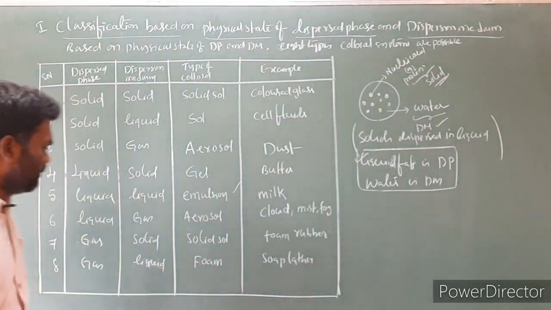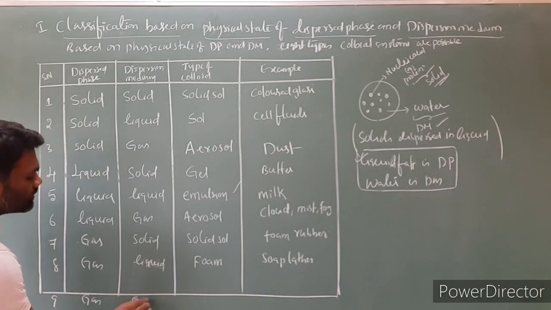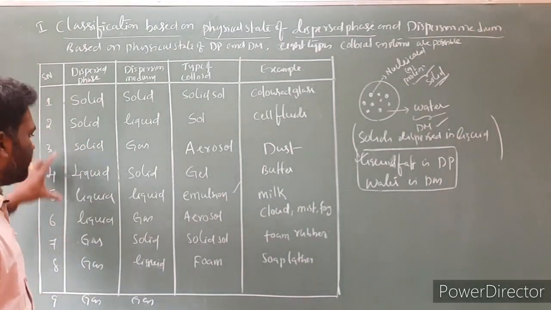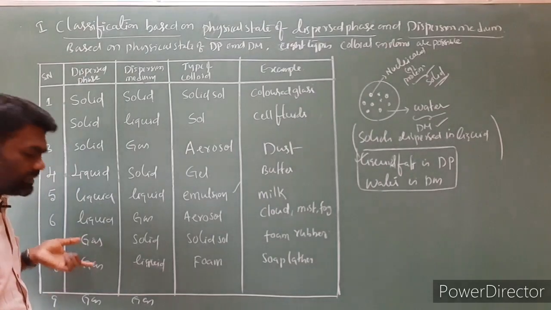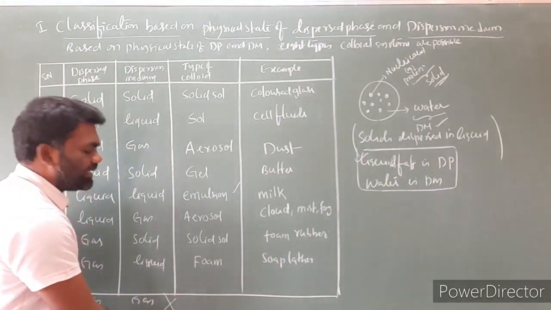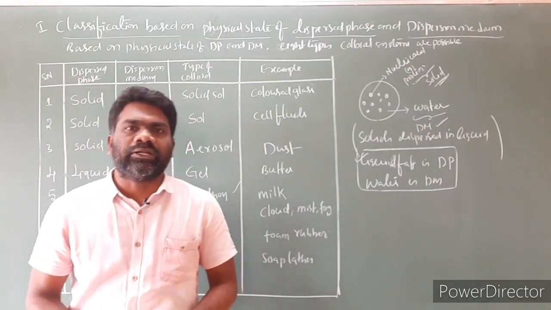And one more we have tried here is gas in gas. We took 3 cases of solid and 3 cases of liquid, but for gas we took only 2 cases; the third case, gas in gas, is not possible. When gas is mixed with gas, we get a homogeneous mixture. But colloids are a heterogeneous system.